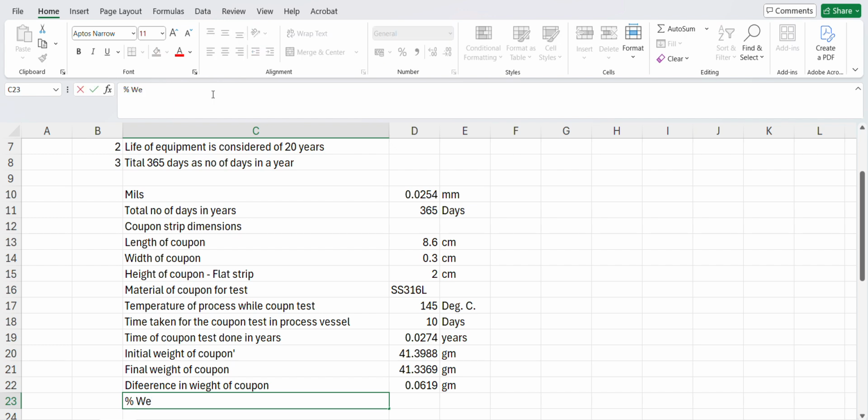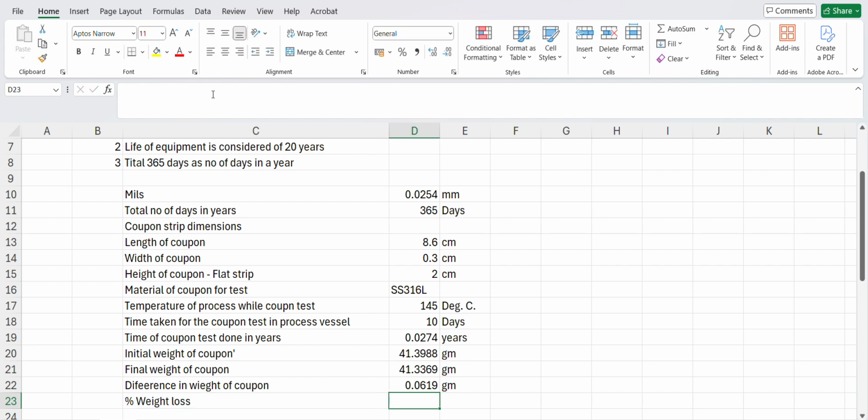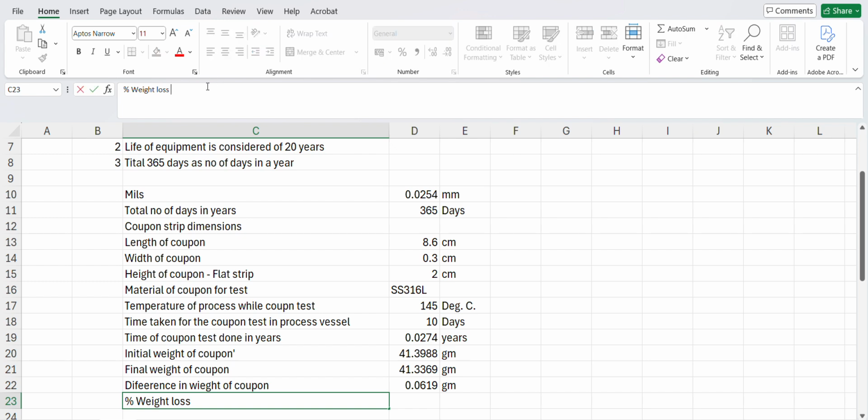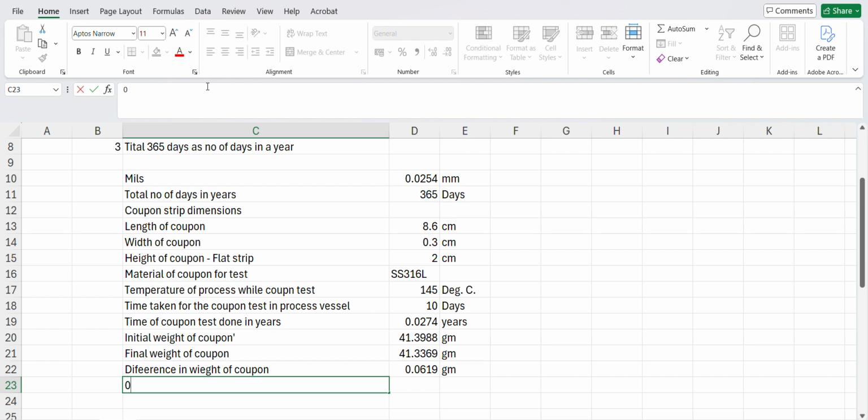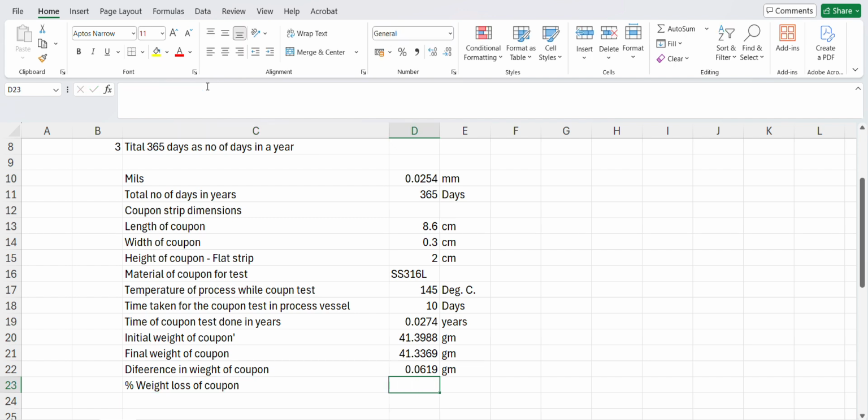Percentage weight loss of the strip of the coupon. Percentage weight loss is simply the weight loss divided by the initial weight, so that we get the percentage weight loss.